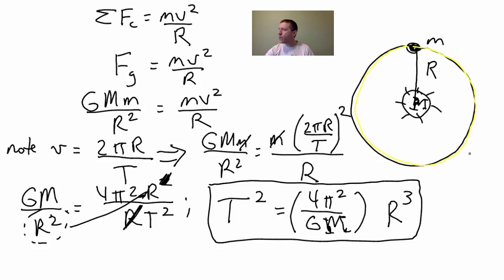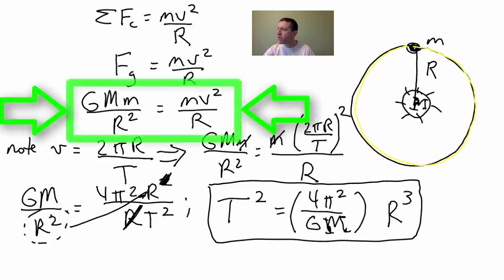But keep in mind, how we derived this all started from just this. And this is the main thing you have to understand, right here. This is what you need to get. The force of universal gravitation is what is providing that centripetal force. This is the key step that you have to be able to do, and you will have to do this for several problems.